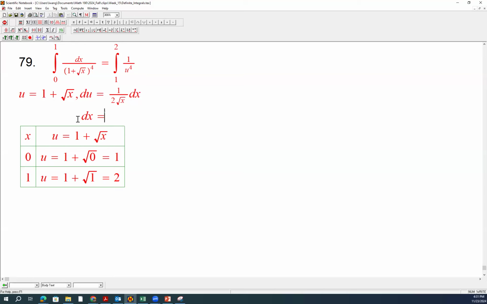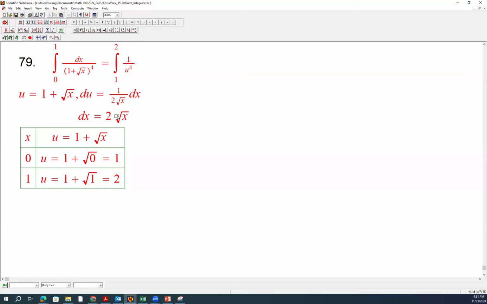Let's see if we can work something out. So dx equals 2 times root x du. What are we going to do with root x? From this relationship, we can solve for root x, which equals u minus 1. Problem solved.